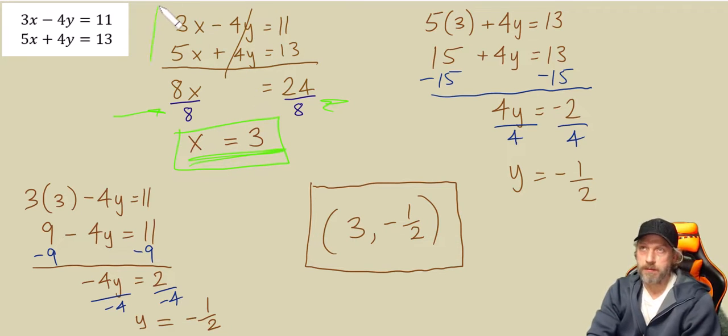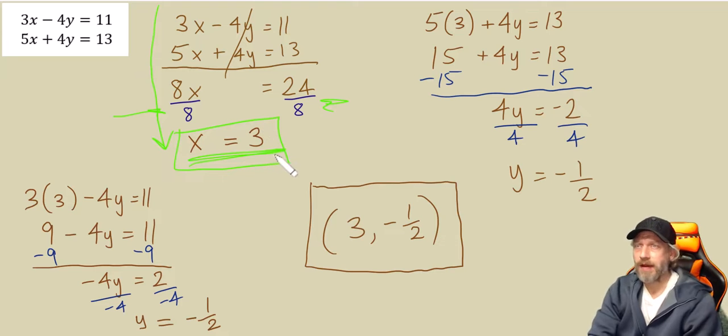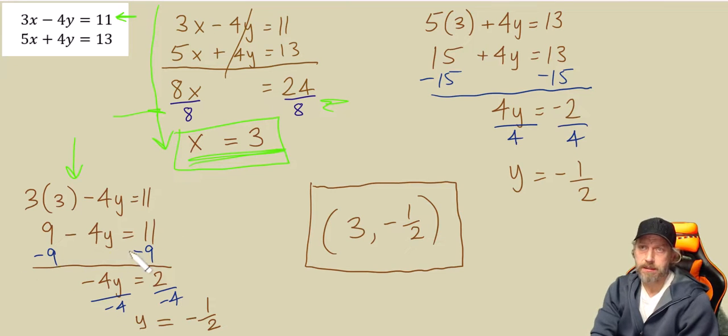So there was just my original work based on having a nice setup for our two equations. Once we've got x equals 3, I first checked it into that first equation and got 9 when I do 3x, 3 times 3 equals 9, minus 4y equals 11. Solving that, subtract 9, and then dividing by negative 4 took me to a fraction, y equals negative 1/2.